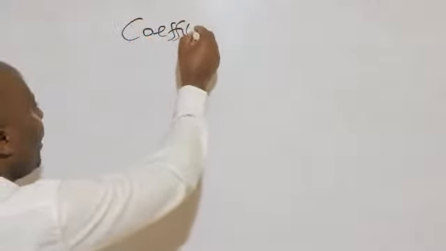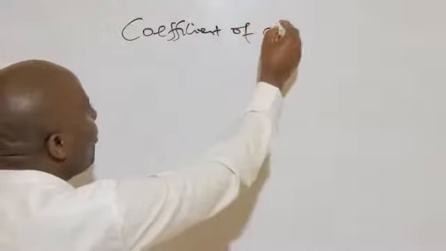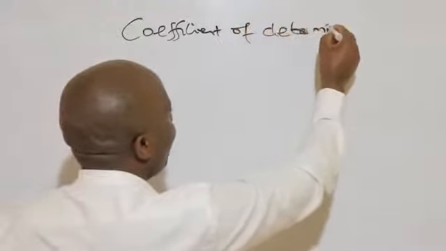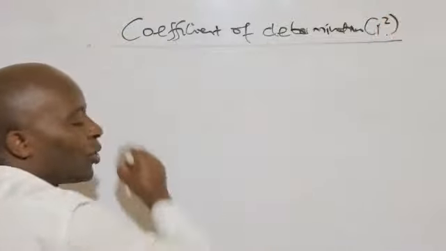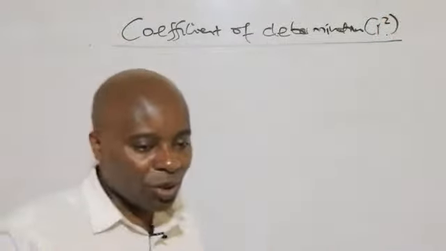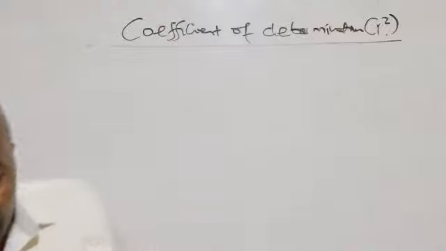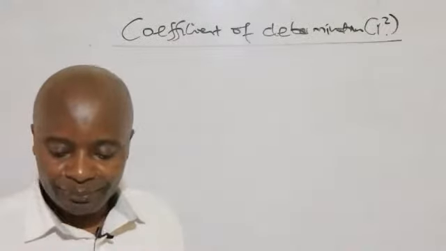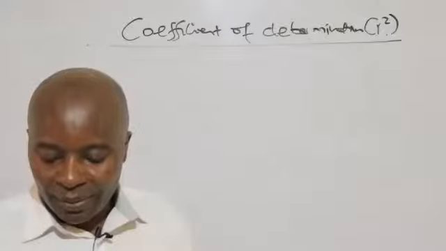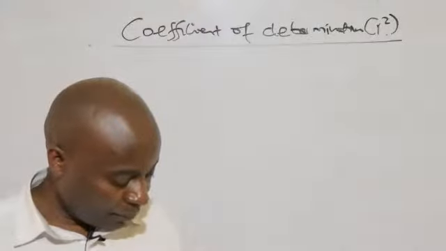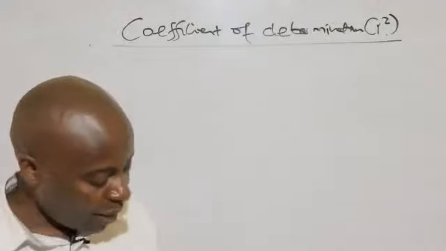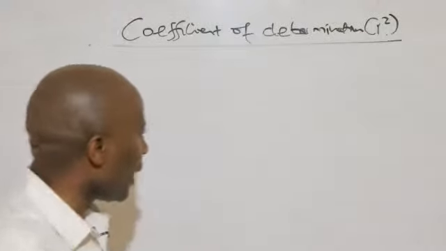Coefficient of determination is R squared. Here they have given us two R squared. We have the normal R squared, and we have here the adjusted R squared.